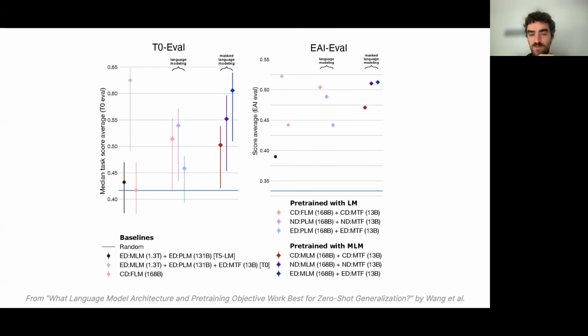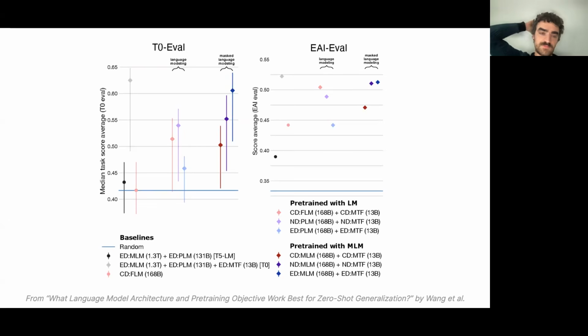First of all, the blue line shows random performance on 2 evaluation suites. One is evaluating on the tasks that were held out from T0 that I mentioned earlier, and another is on the Eleuther AI evaluation harness, which is a piece of software that's designed to test models in the same setting that GPT-3 was tested and evaluated.